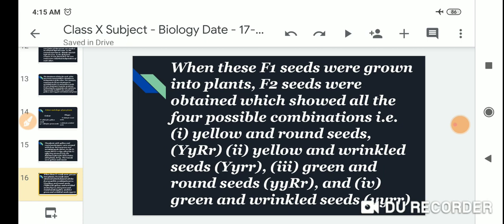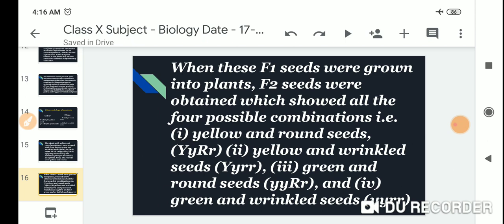When these F1 seeds were grown into plants, F2 seeds were obtained which showed all four possible combinations. First one is yellow and round seeds, capital Y small y and capital R small r. Second one, yellow and wrinkled seeds, capital Y small y and small r. Third one, green and round seeds, small y and capital R small r.